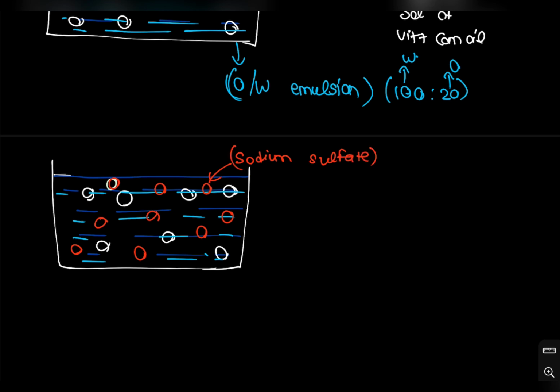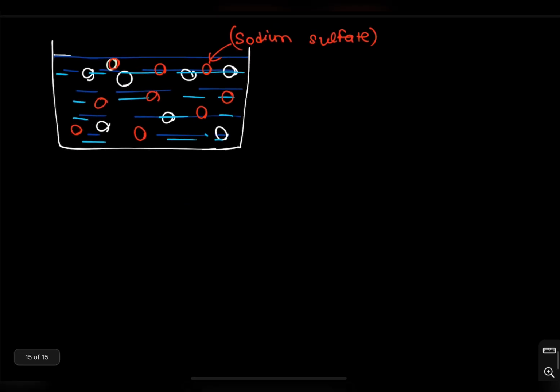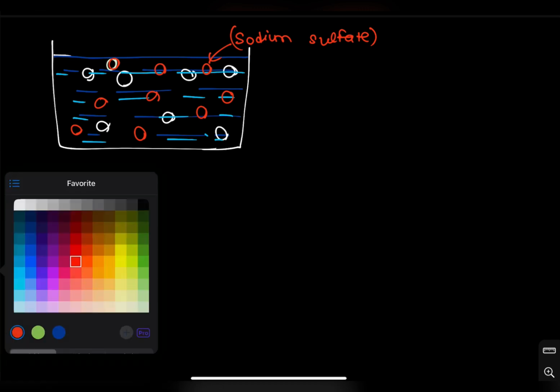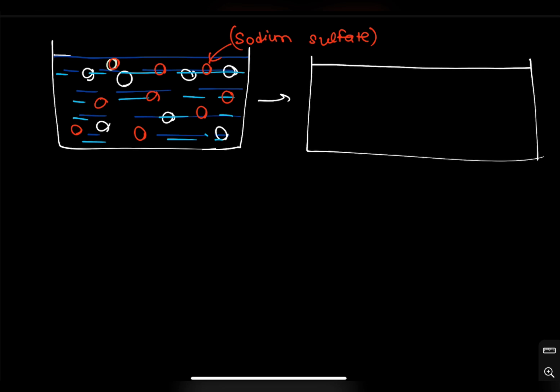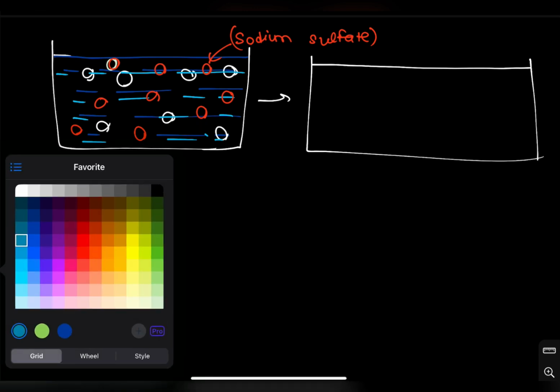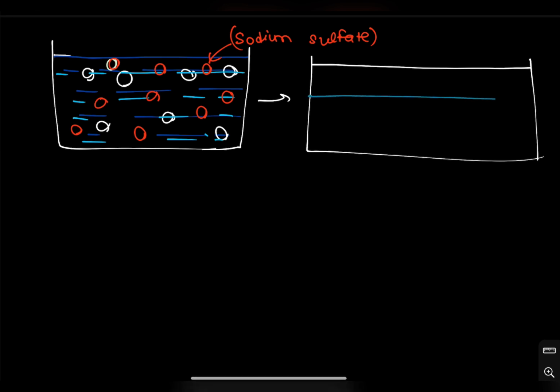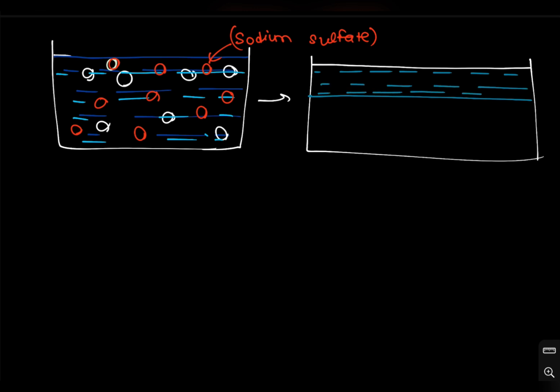Okay, so what this will do is give us a mixture. Since we added salt in water, what we will be getting is a layer of water along with the solubilized sodium sulfate, because salts are always soluble in water.